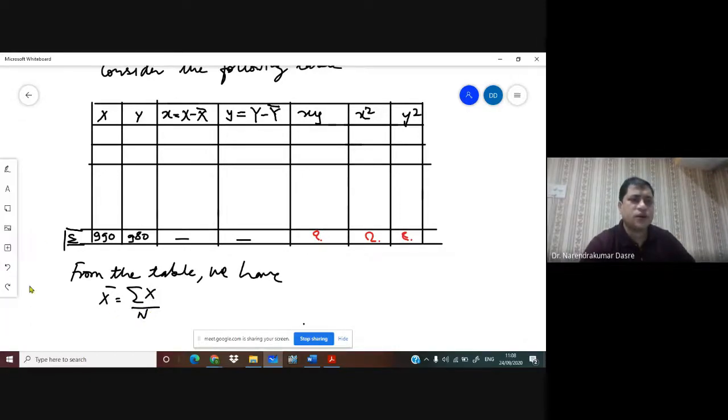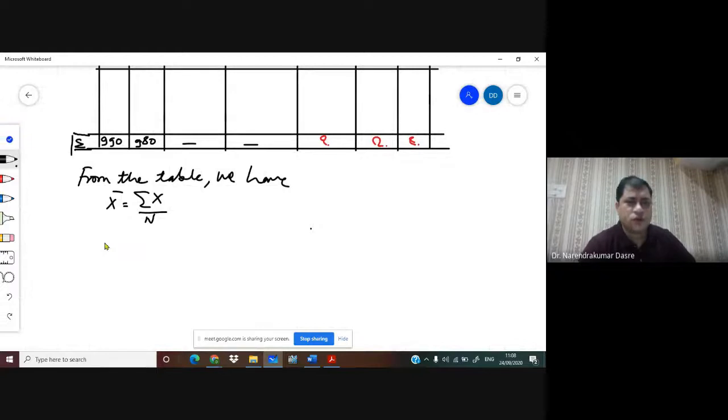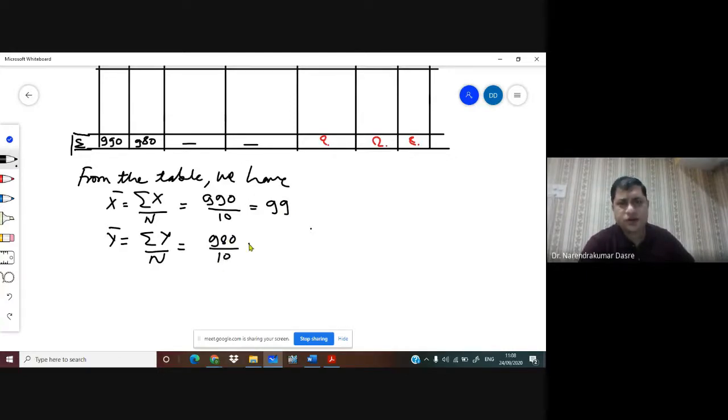Okay, and y bar is summation y upon n. So this is equal to 990 by 10, and that is 99. And 980 by 10, and that's going to be 98.